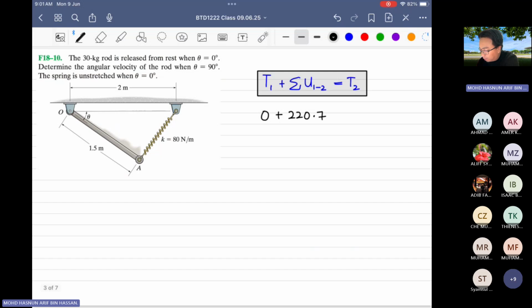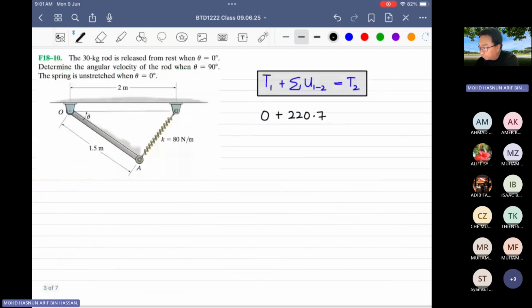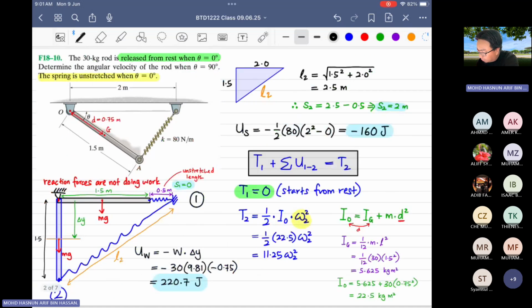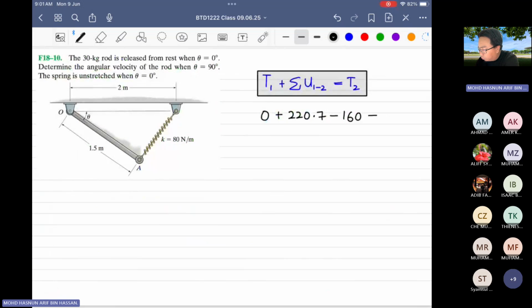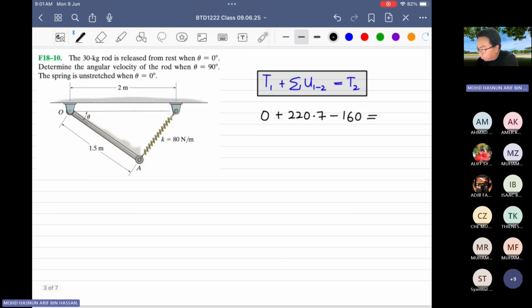And then we have another work done, which is minus 160 joule, equal to T2, let's highlight T2 here, 11.25 omega 2 square. And what we want is omega 2 square.